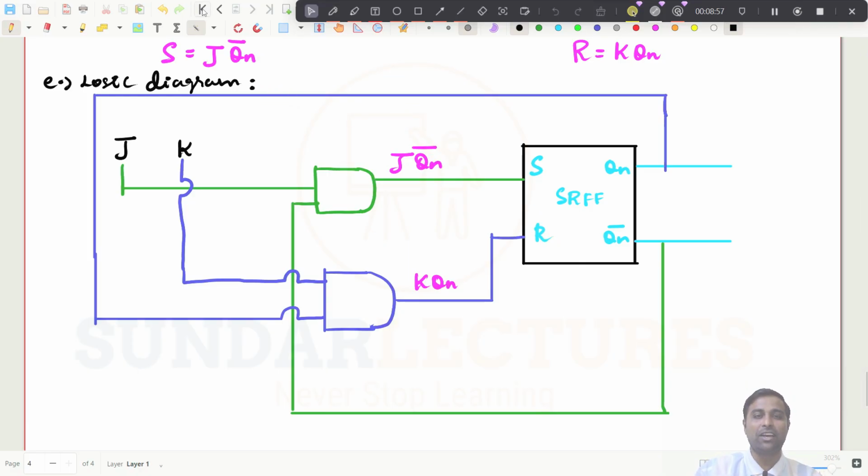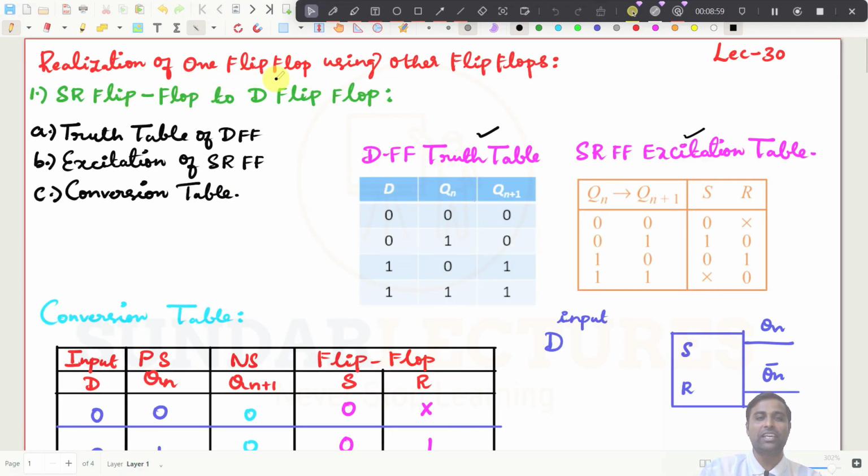So now we have just done all the things, and what are all the topics we have seen in this class? We started with the realization of one flip-flop using other flip-flops, and in that we started with the SR flip-flop to D flip-flop. What are the steps we have? We have just 5 steps. One is the truth table of the flip-flop which we need to convert, and the excitation table of the flip-flop which we are having with us, and then with the help of these two tables we need to derive the conversion table.